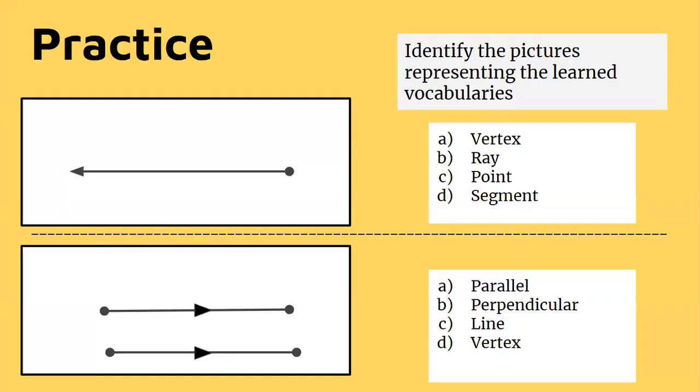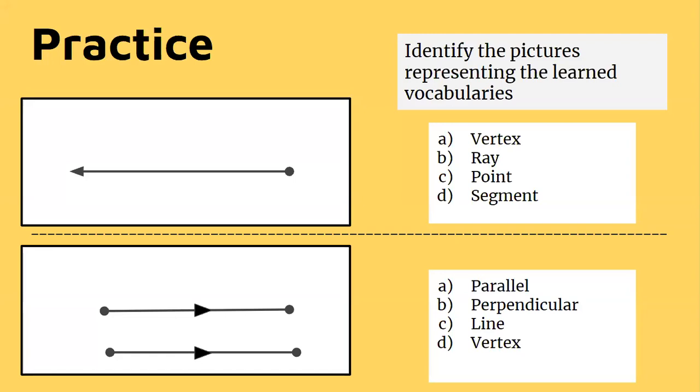So the first problem we have is a dot and a line that stretches in one direction forever. The options we have are A, vertex, B, ray, C, point, D, segment.